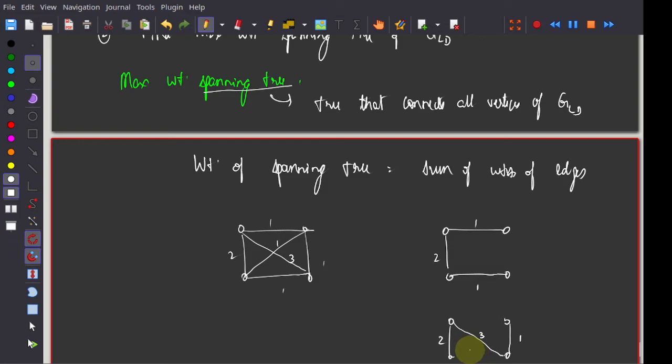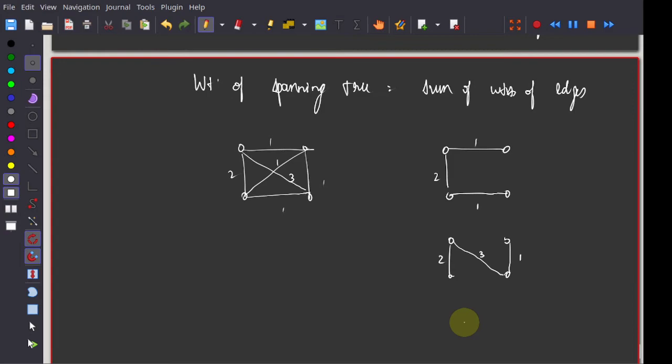But is this the only maximum weight spanning tree? So what if I take this?